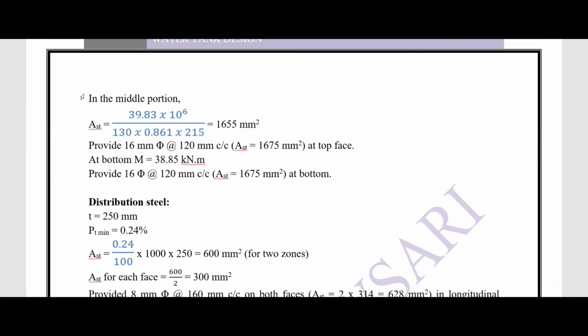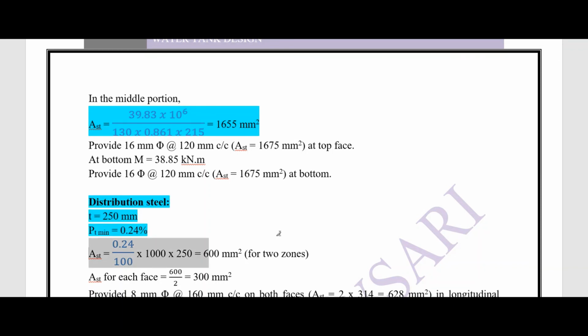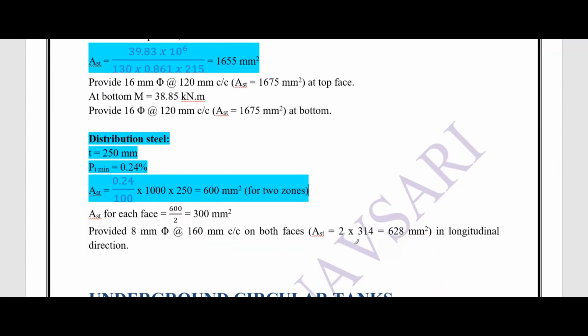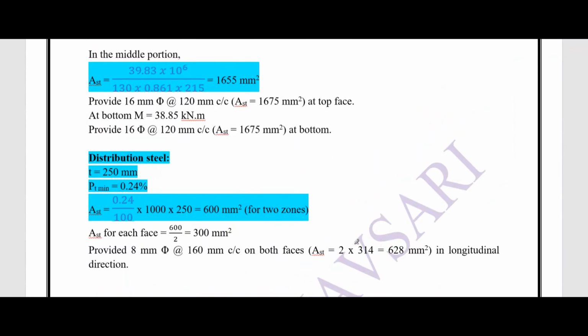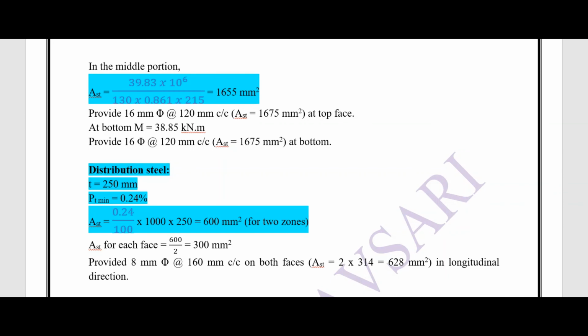Then for distribution steel, thickness is 250, so PT is 0.25, AST 600 mm square. Now our design is completed, so we provide 8 mm dia at 160 mm center to center on both faces in the longitudinal direction.